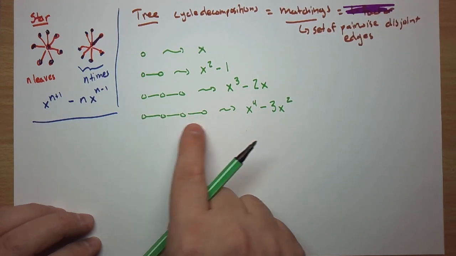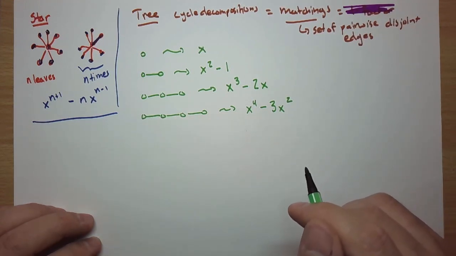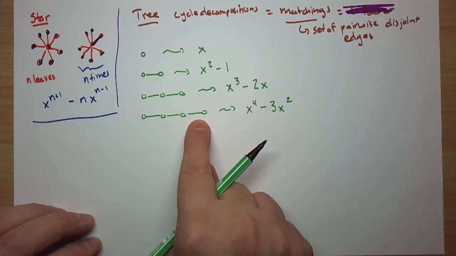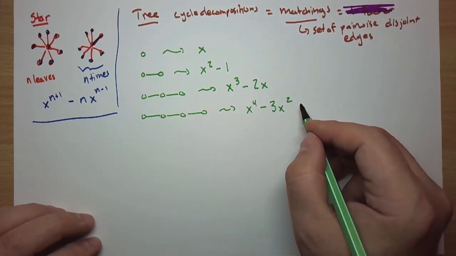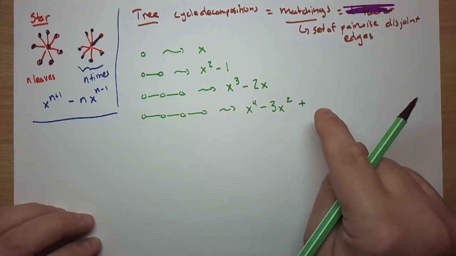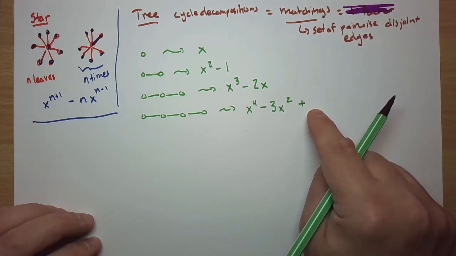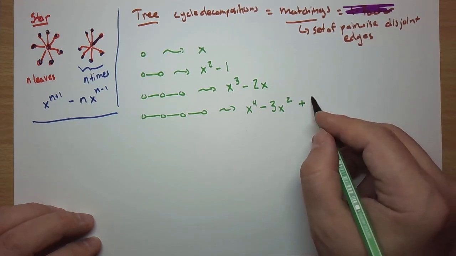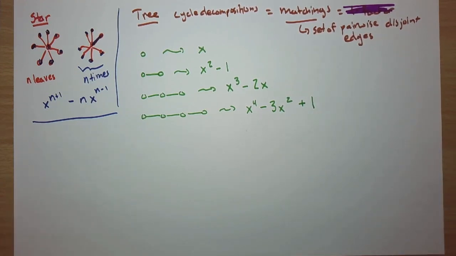Can we have 2 disjoint edges? In one way. So minus 1 squared, which makes a plus. What will be the power of x? It'll be x to the 0. All right, x to the 4th minus 3x squared plus 1.